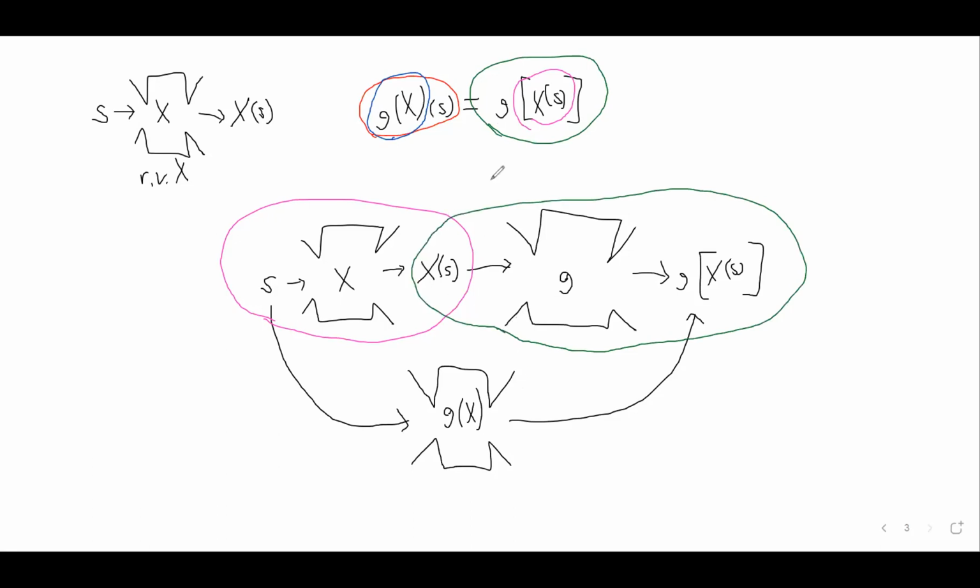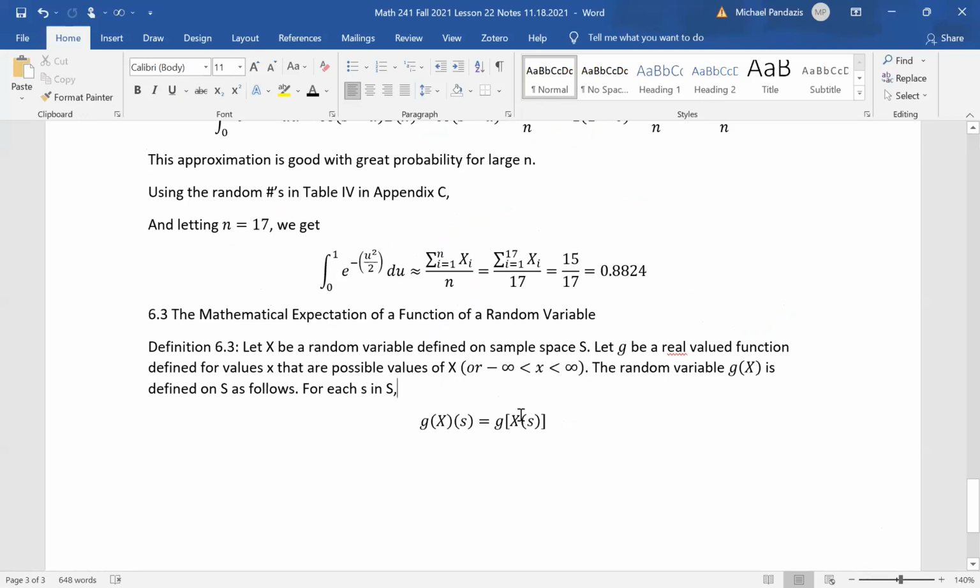So we're taking g of, the thing in brackets is the pink part, and then the green part is taking the result of that purple bracket, that's x of s, and inputting it into g. And the result is now g bracket x of s. On the left-hand side, g of x is a function whose input is s and whose output is g bracket x of s. So you have to look at that for a while, and I think that illustrates it pretty well. If you look at that long enough, I think that can make sense.